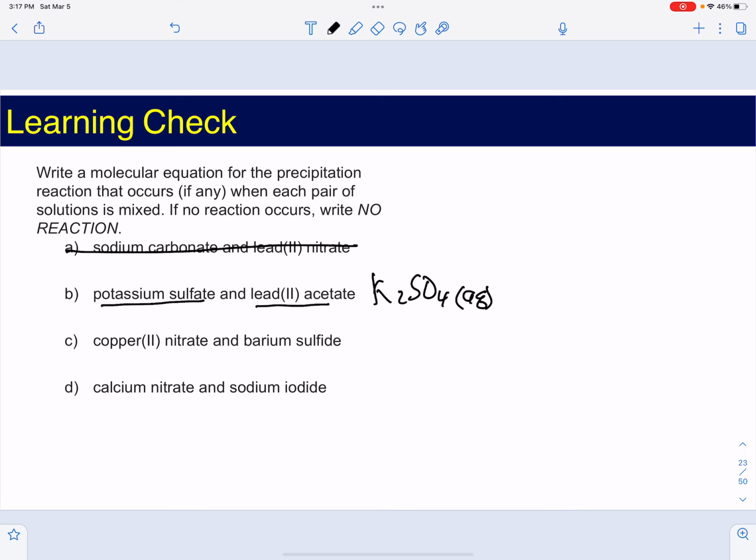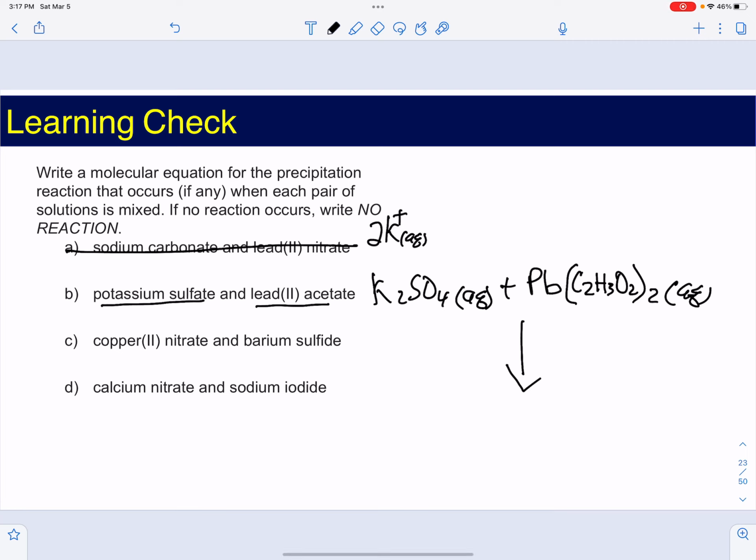And lead 2 acetate, lead Roman numeral 2 acetate. Acetate is -1, so I'm going to have C2H3O2, and 2 of them. And that's going to be also aqueous. And they're going to produce, what are they going to produce? Well, let's break it into the ions first. So 2 potassiums plus, and sulfate.